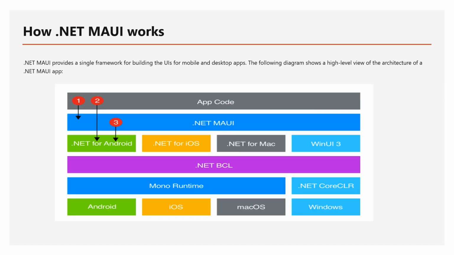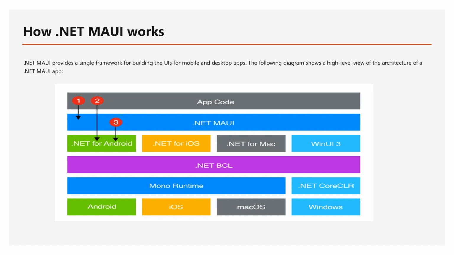So this is the .NET MAUI platform architecture. You will see that there is the app code first. After that, in the .NET MAUI platform architecture, on top we have .NET Android, .NET iOS, .NET Mac, and Windows UI, and in between we have the .NET BCL.